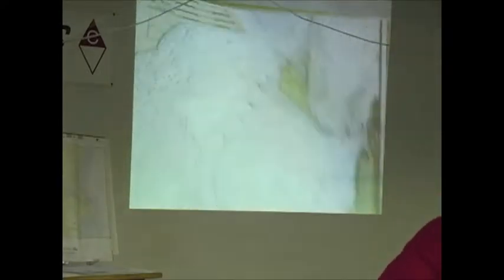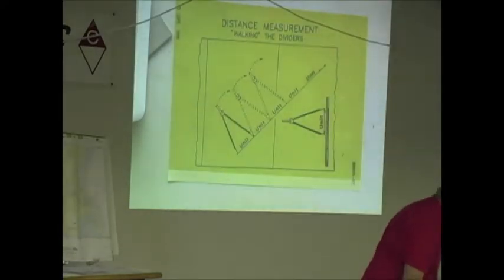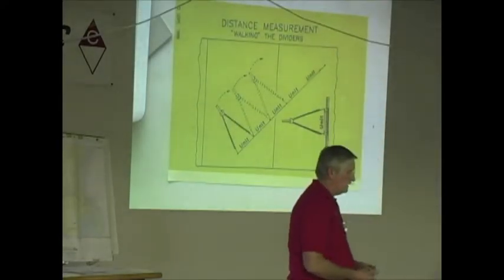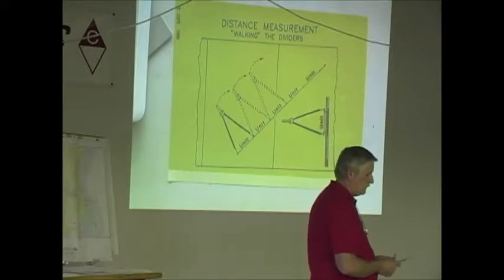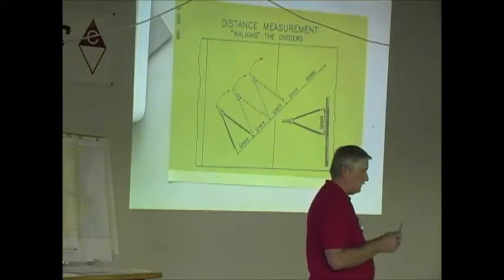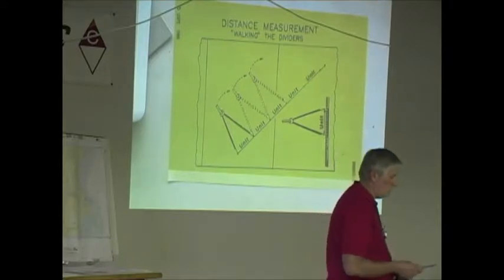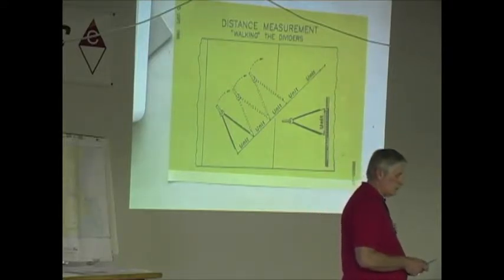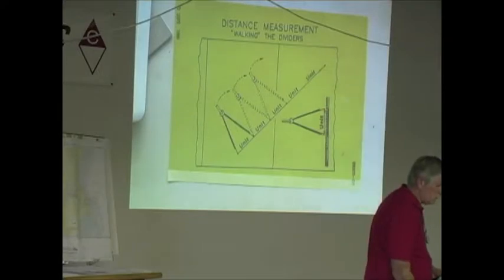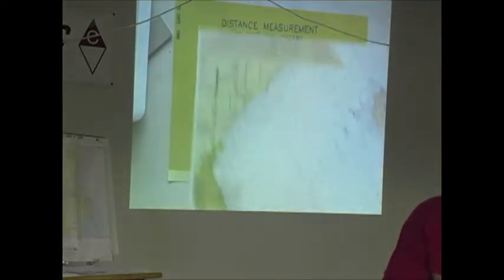And like they show in this picture, when you've got a long distance, and you'll have 2 cases of this in the 6 legs, where the divider is not going to spread from point A to point B, what you do is walk the dividers.